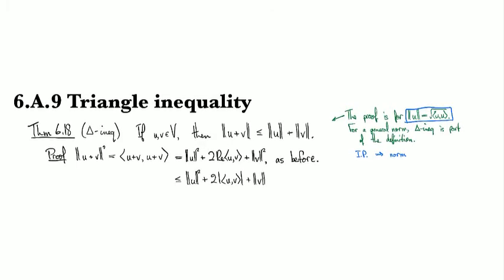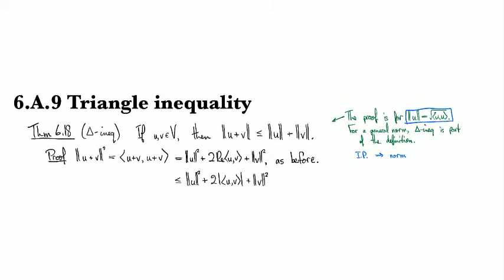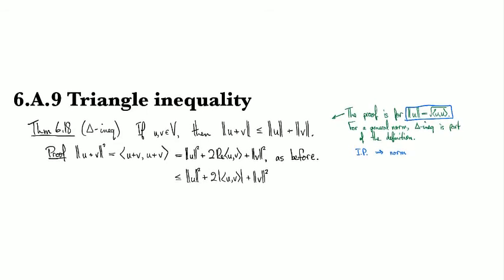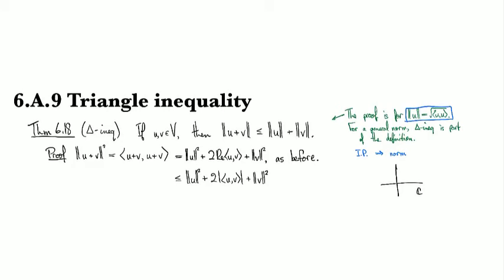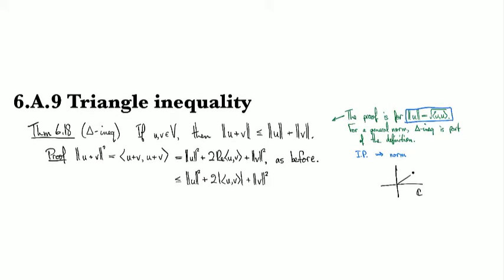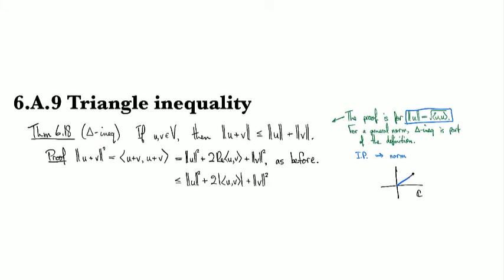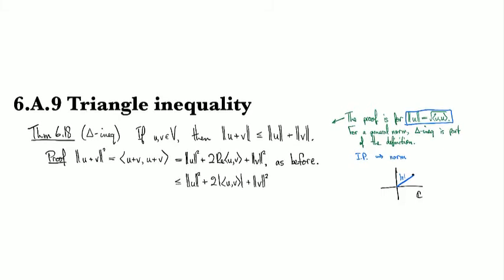And so at this step right here, basically I'm appealing to the triangle inequality holding for the absolute value in the complex plane. So if we go to the complex plane and we have some vector z, then the absolute value is going to be this right here, the absolute value of z.